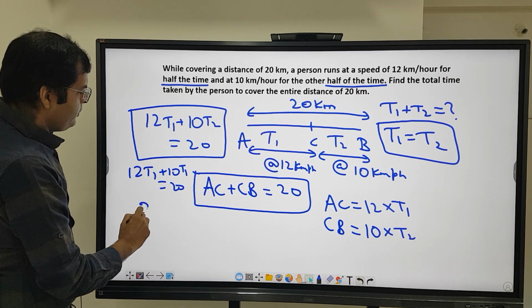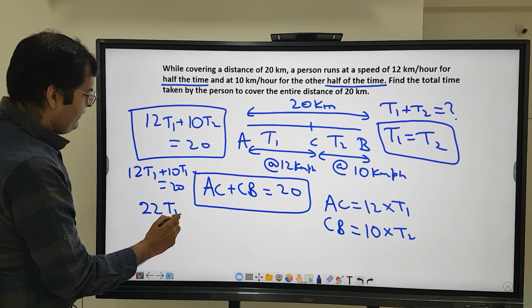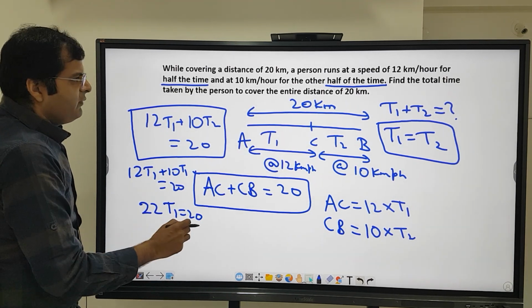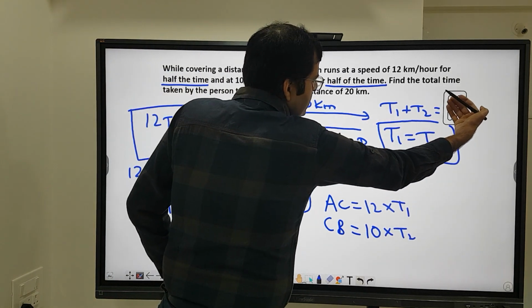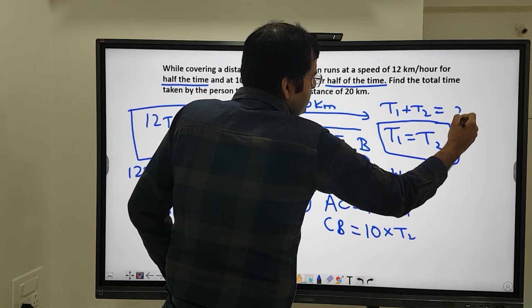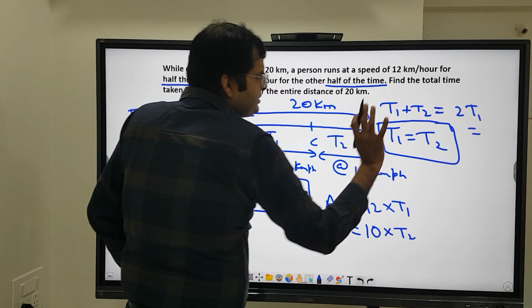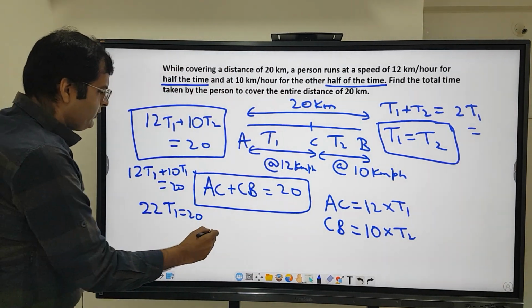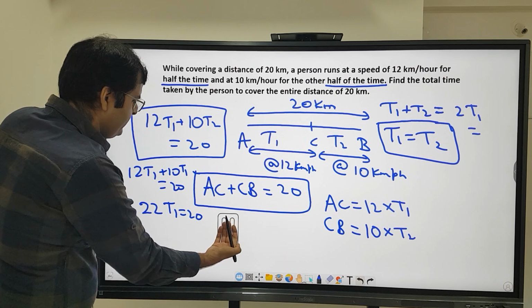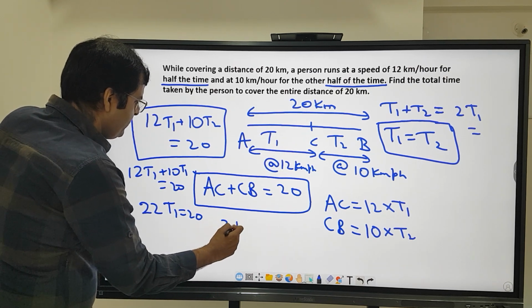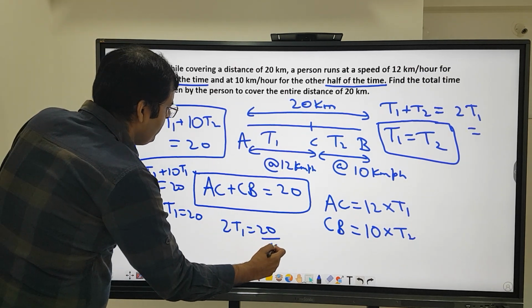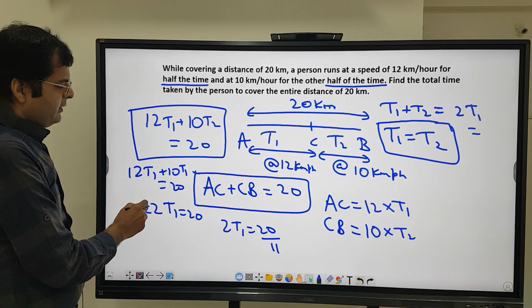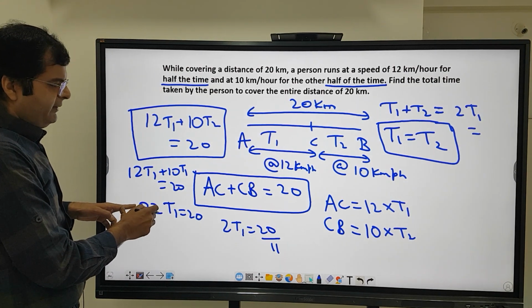So it becomes 22 T1 is equal to 20. We have to find T1 plus T2, which I can write as 2 T1. Now 22 T1 is 20, so I can write 2 T1 is equal to 20 upon 11, because this is 2 into 11 into T1.